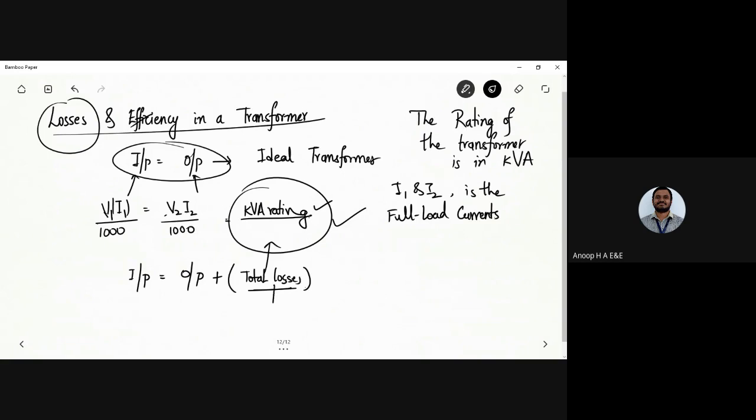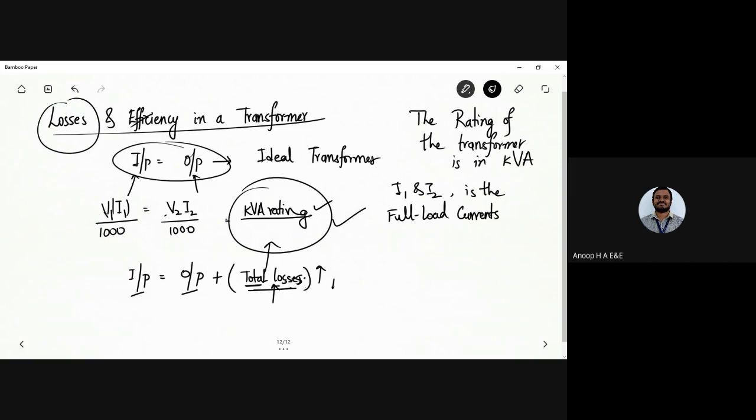The output is rated in kilovolt ampere. The losses determine the efficiency. Higher the losses, lower the efficiency, and vice versa.